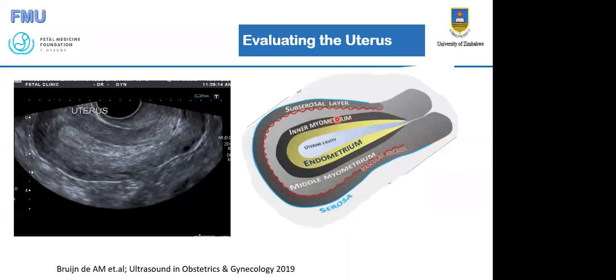This inner myometrial wall is very important for fertilization because it is the part of the myometrium that actually performs peristalsis movements that allow the movement of the fertilized egg towards the endometrium.